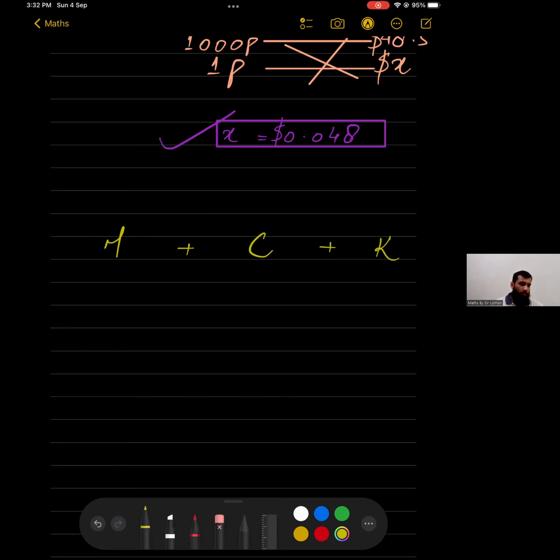The actual price before the discount is given to us for the monitor and the keyboard. The monitor was priced at 375 while the keyboard was priced at 70 previously. Now they are saying that Ahmed has bought all of this at some cost of 1134.